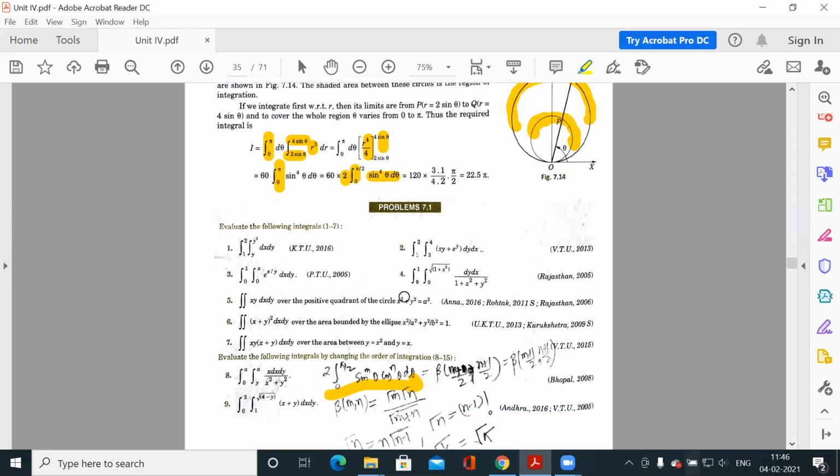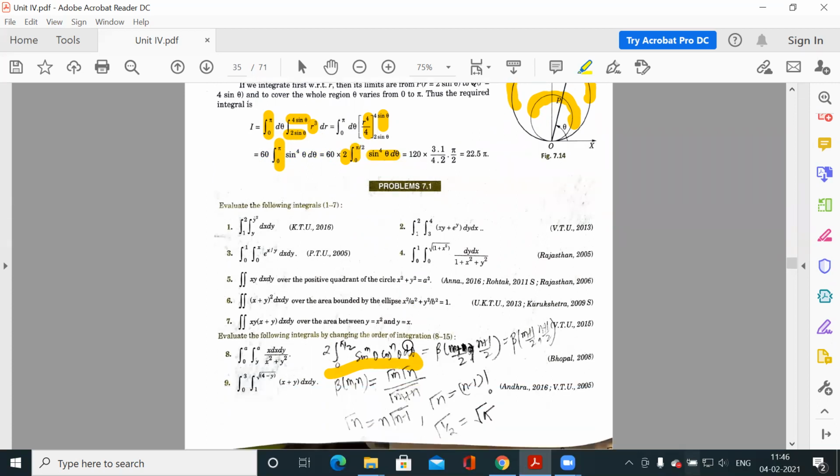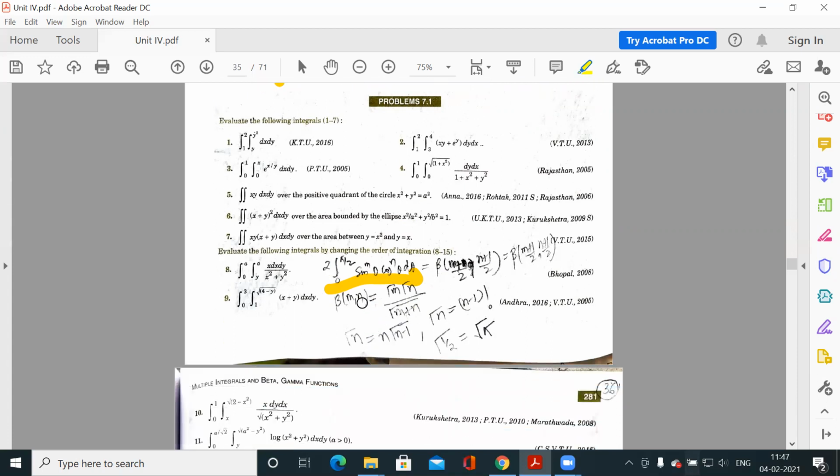If you expand this, you will get the formula like beta of 4 plus 1 by 2, that means 5 by 2, and n is 0, so 0 plus 1 by 2 means 1 by 2. So beta 5 by 2, 1 by 2 is gamma 5 by 2 gamma 1 by 2 divided by gamma of 5 by 2 plus 1 by 2. This 5 by 2 plus 1 by 2 is 6 by 2, that means 3.